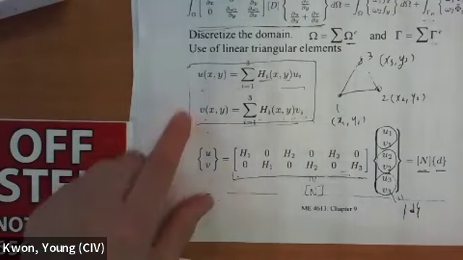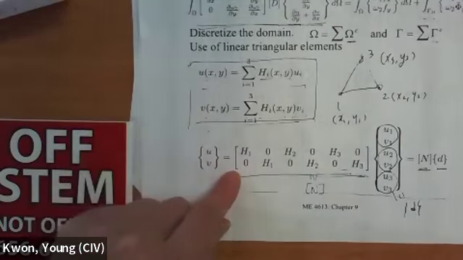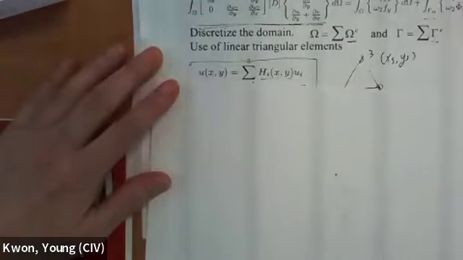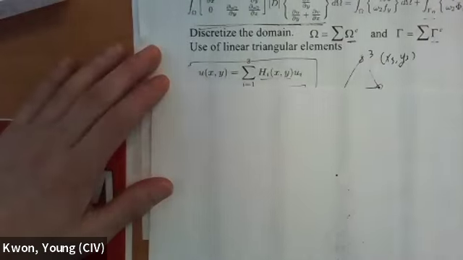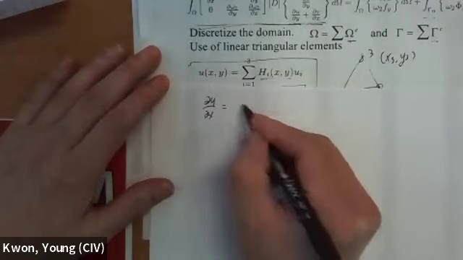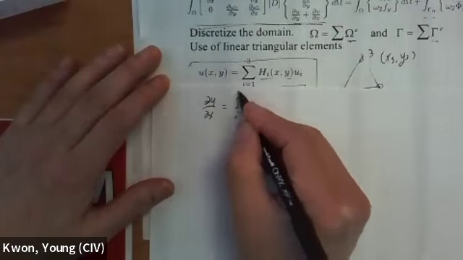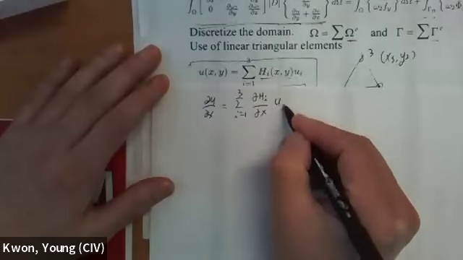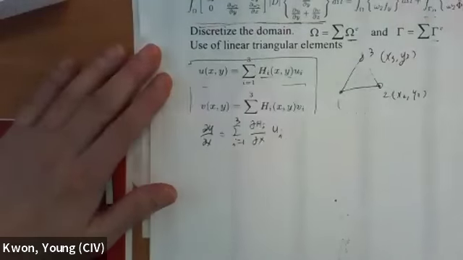So you can carry out derivative here, and you can carry out derivative here. Eventually, same thing. Let's do both, just for clarity of concept. Du dx is the summation of i equal 1 to 3, dhi dx and ui, right?